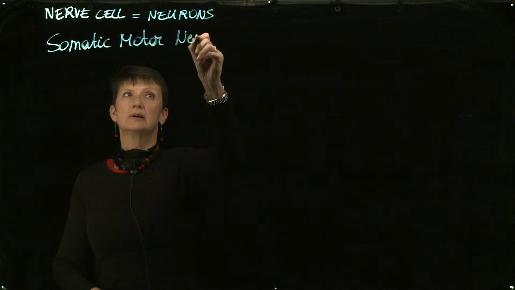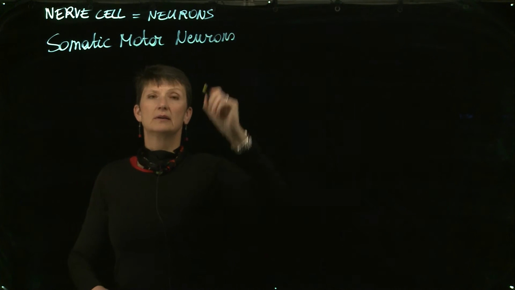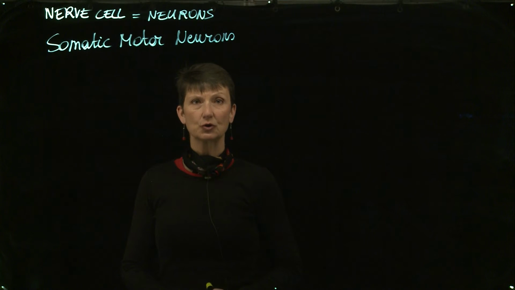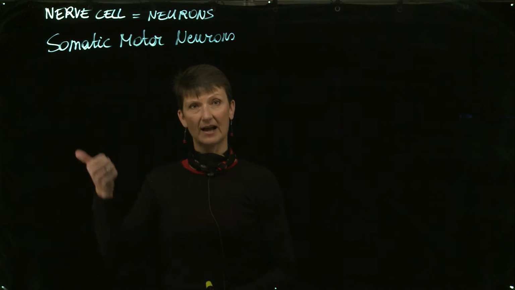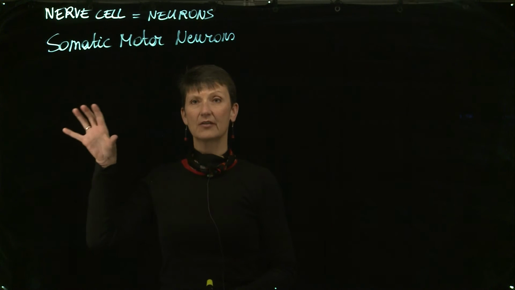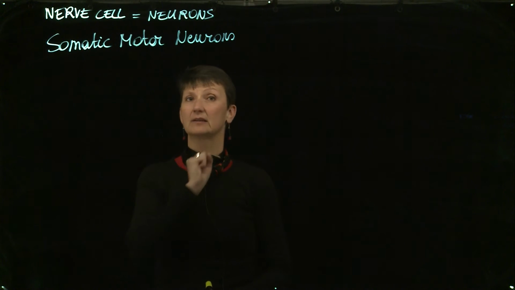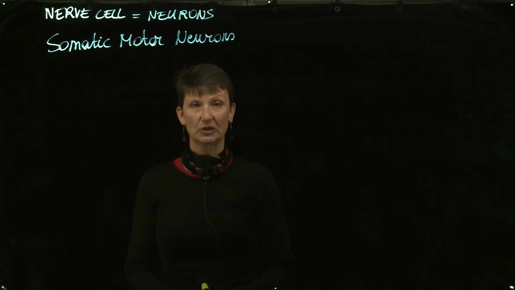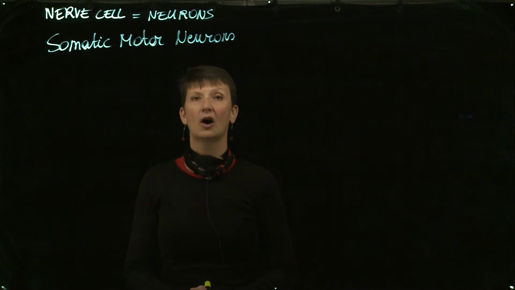Now remember that we're going to need to send signals to the muscles. And these signals arise from the central nervous system, that is either the brain or the spinal cord. So signals start there, that is electrical signals, and they then reach the effectors, which are, in our situation, our skeletal muscles.